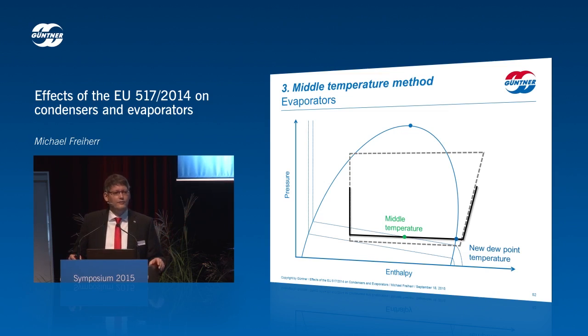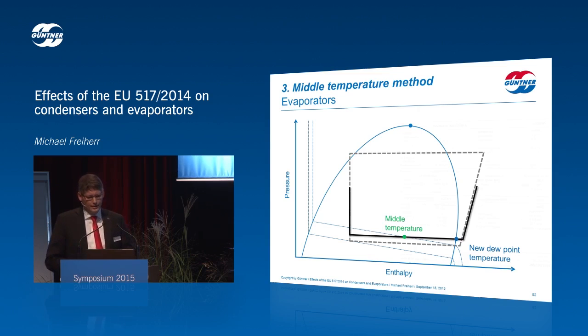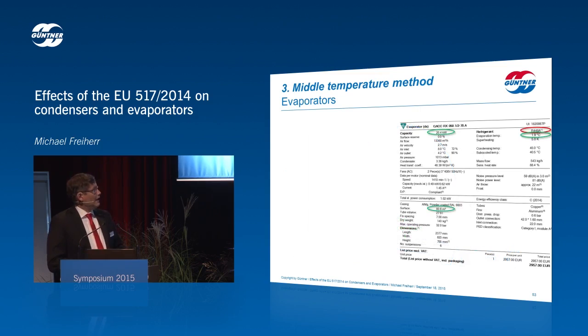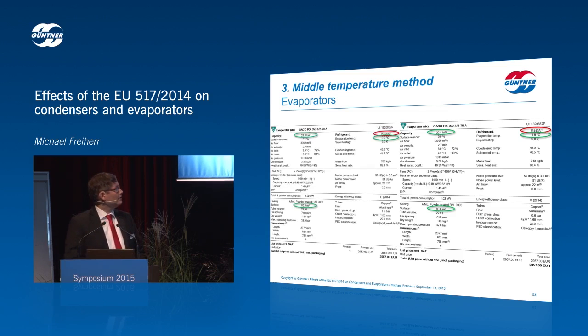So the temperature depends on the state of the refrigerant at the outlet of the condenser. So this is highly innovative. To solve this issue, the corrected evaporation temperature would be 1.9 Kelvin.